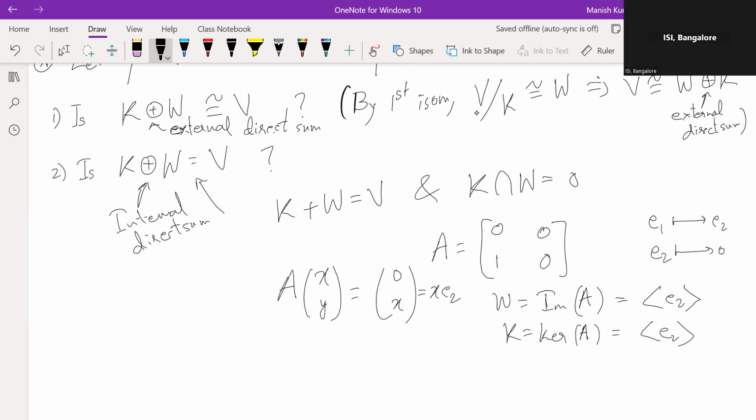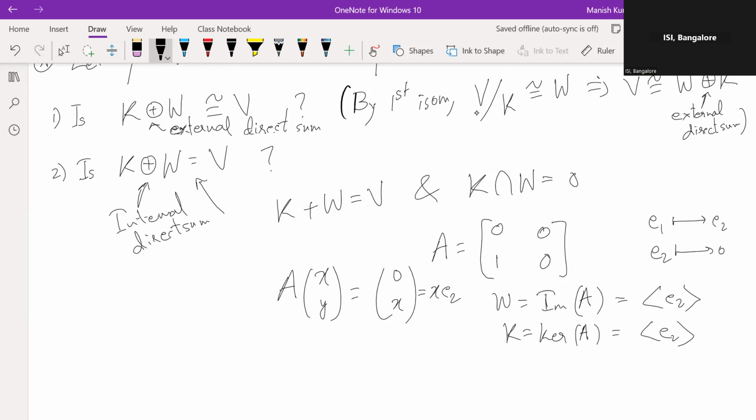Because dimension of K plus dimension of W is dimension of V, that is from the first isomorphism theorem. So if K plus W is V, then K direct sum W is also V. It is an internal direct sum. Or if K intersection W is 0, then also you can conclude that K direct sum W is V. So in fact, these three statements are equivalent.